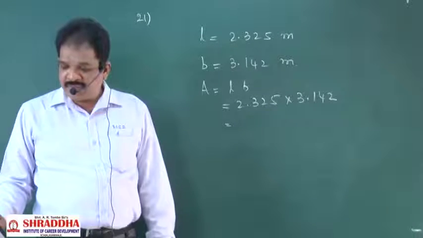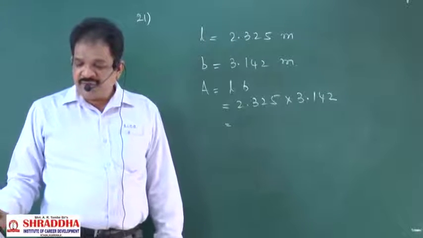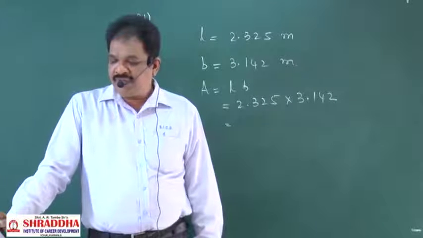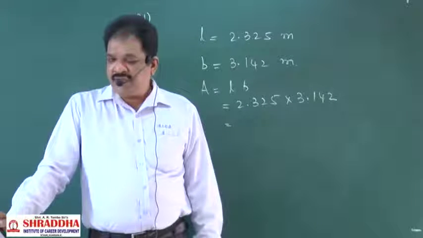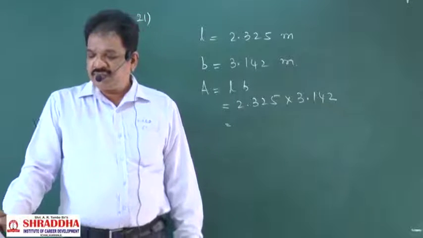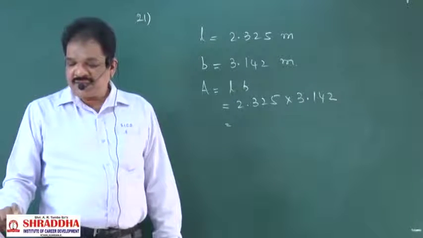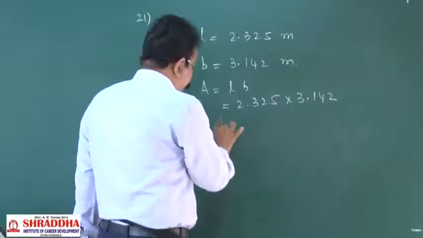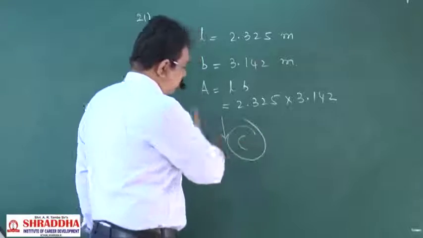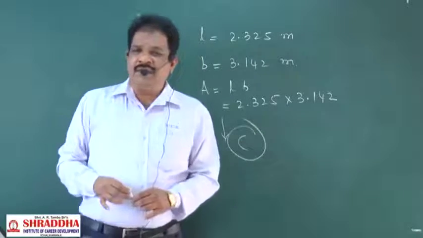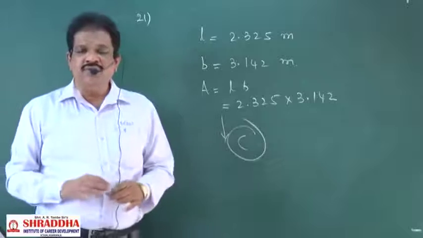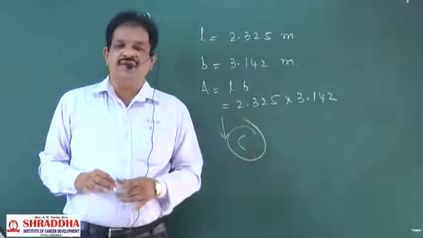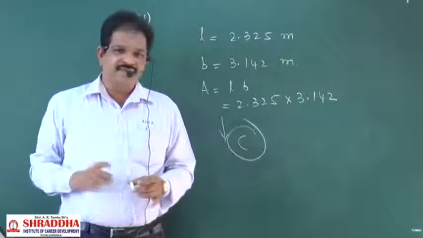Observe that A will have 6 significant figures, B will have 5, C will have 4, and D will have 3. So what is the answer? C. No need to multiply these two, no need for rounding. Just logic.